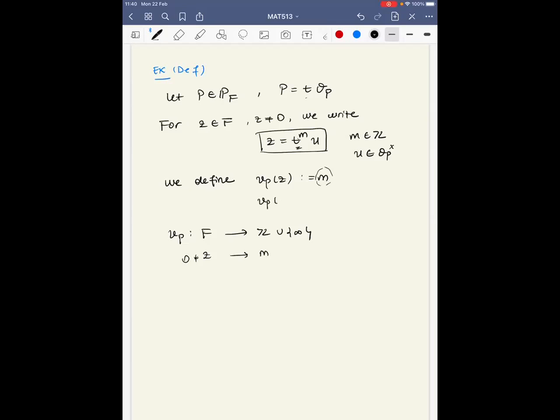And conventionally, we define v_P of 0 to be infinity. And one of your homework questions will be to show that v_P satisfies the 5 properties of a discrete valuation map.